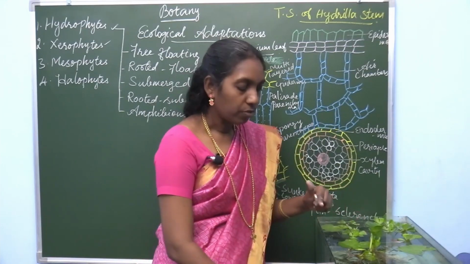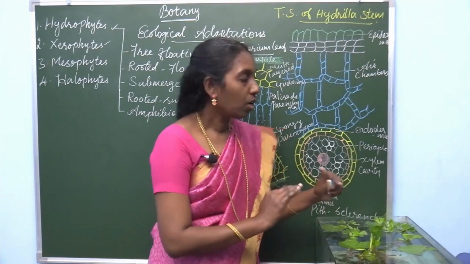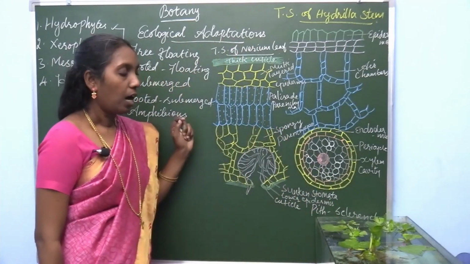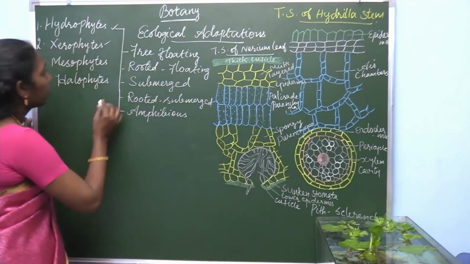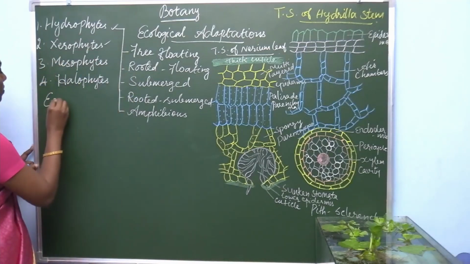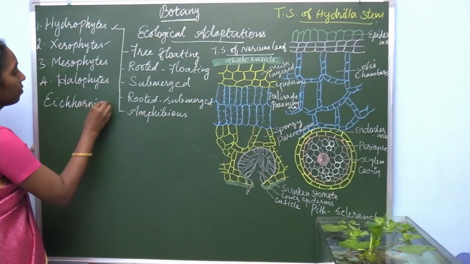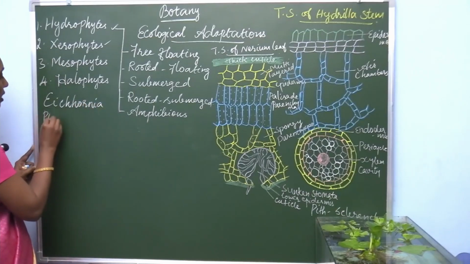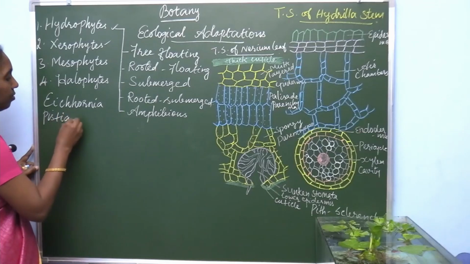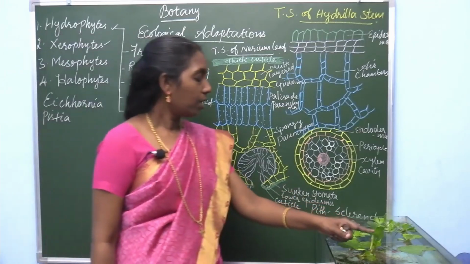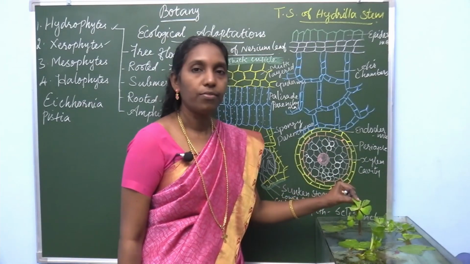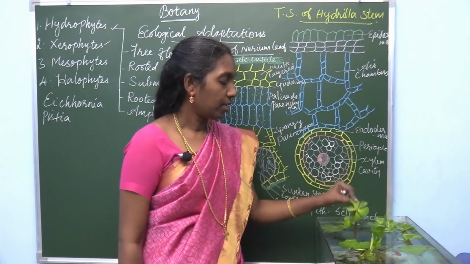They are called free floating hydrophytes. Example, Eichhornia and Pistia.